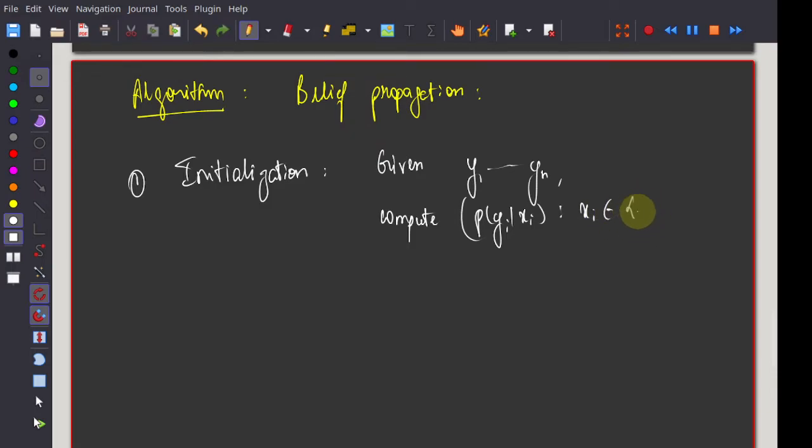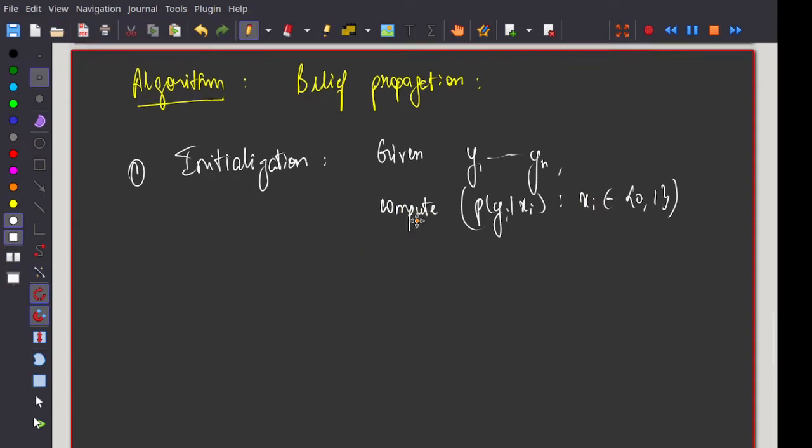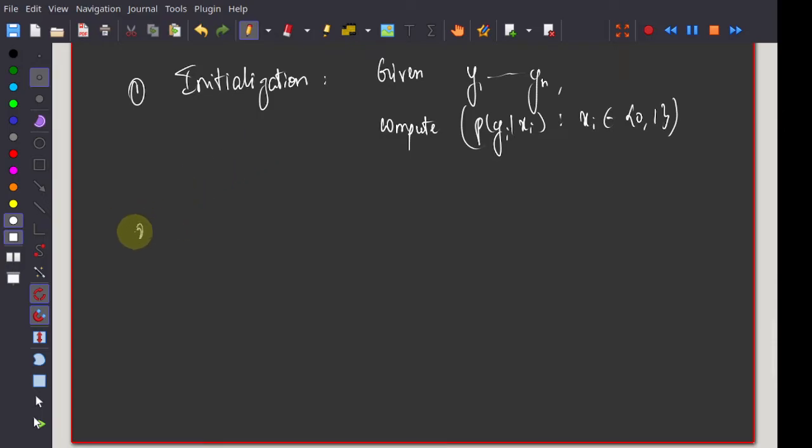For now, we only focus on binary codes, so each xi can be 0 or 1. So it's going to be a vector of length 2. And next, until some sort of convergence is reached, you do the following.